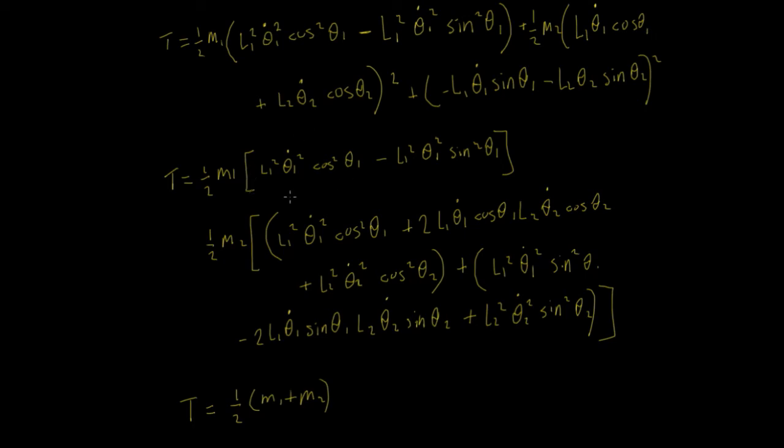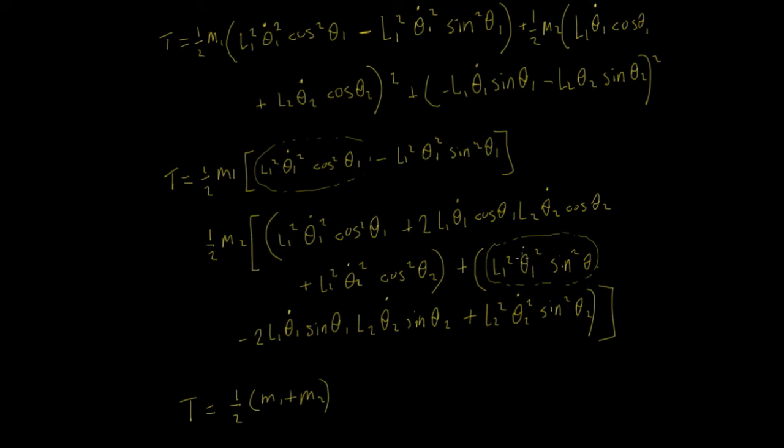You have this term here and that term there, and you can add on the same thing here, L1 squared theta 1 dot squared. If we add those two terms together, we end up with sine squared plus cos squared, which will actually just give us a value of 1.